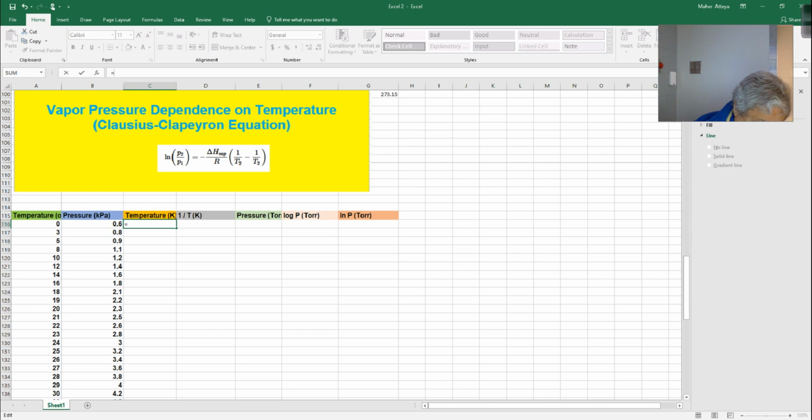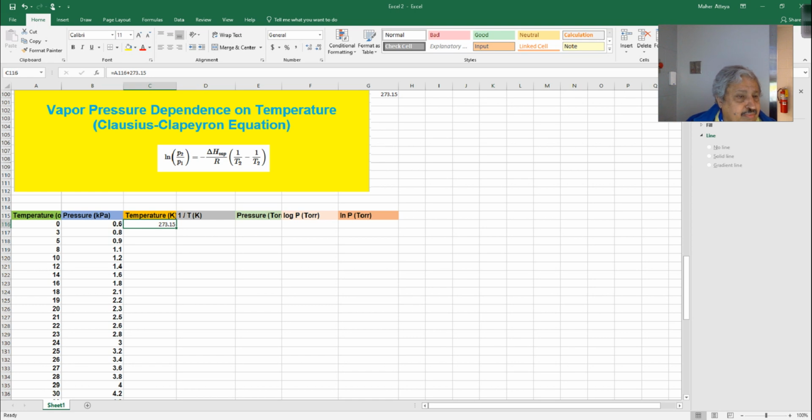So here it is: A116 plus 273.15. So I enter this one here.